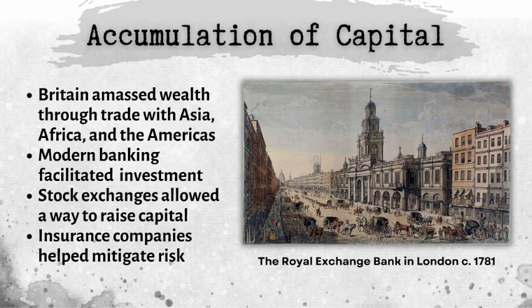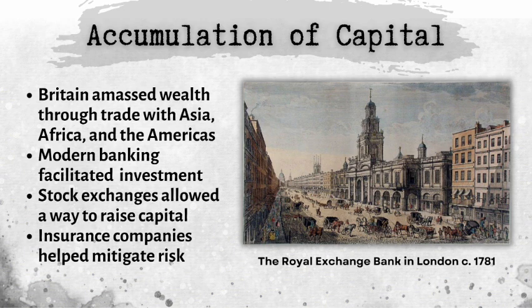Additionally, the establishment of various financial institutions provided safe avenues for businesses to grow. Modern banks allowed businesses to save and move money. Stock exchanges provided a way for companies to raise money for further investment in infrastructure or business expansion.